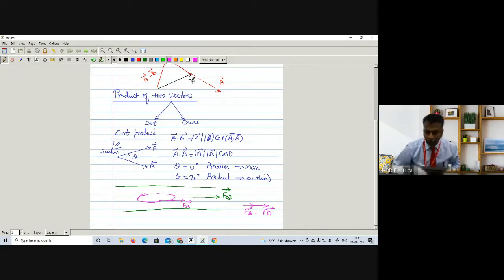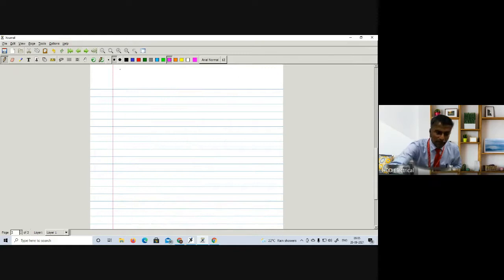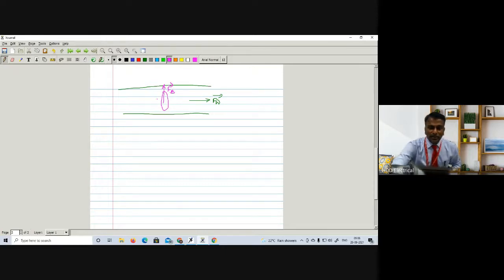At the same time, now the boat is moving in another direction. For example, this is again the same boat. This is the water, and the water flow is here, FW. Now I am propelling the boat in this direction. What happened? This is the boat force. The resultant of these two forces will provide very little effort to move the boat forward. You cannot move the boat like this.